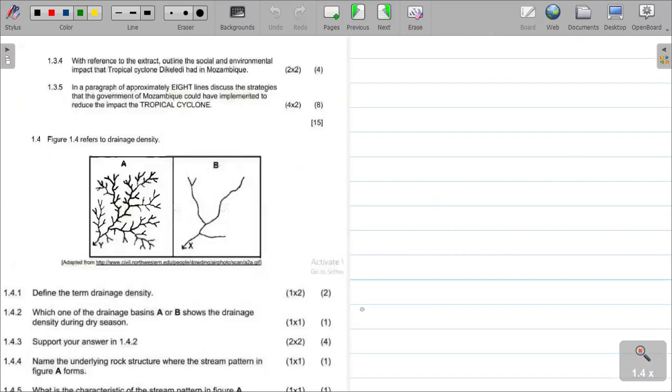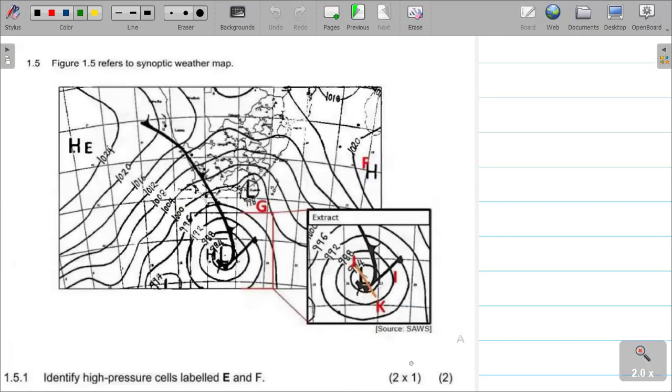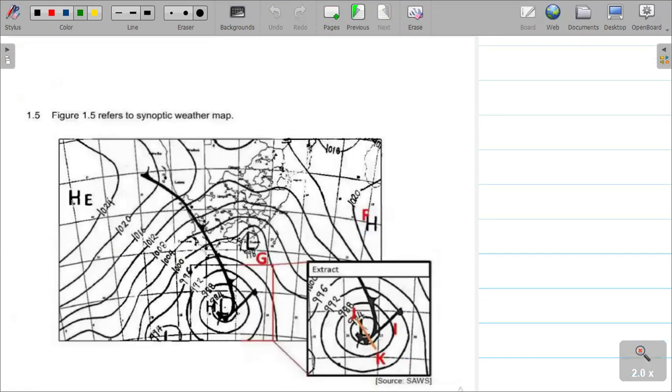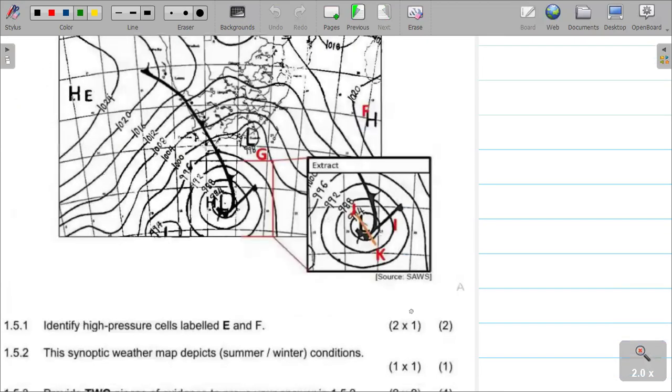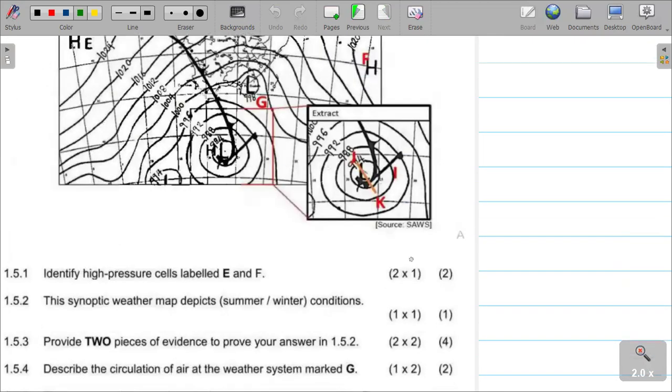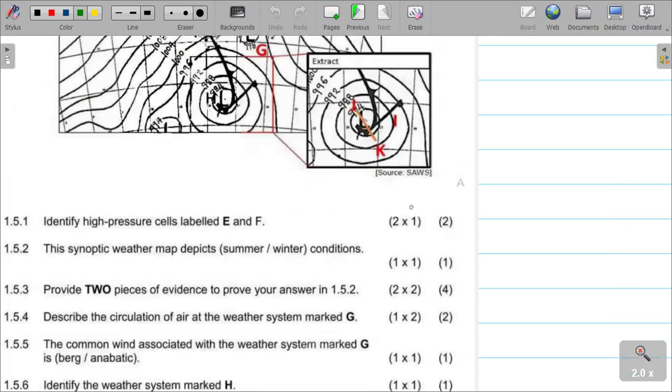We talk about drainage systems and drainage density. We're going to be calculating drainage density again as we go through this paper, and also understanding synoptic weather map interpretation and synoptic weather symbols.